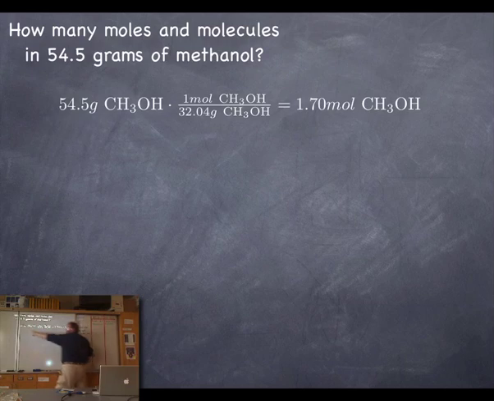Therefore, 54.5 divided by 32.04 tells me I have actually 1.7 moles of methane molecules. The molar mass, the molecular mass, is the ratio of grams to moles. How many grams are in 1 mole?